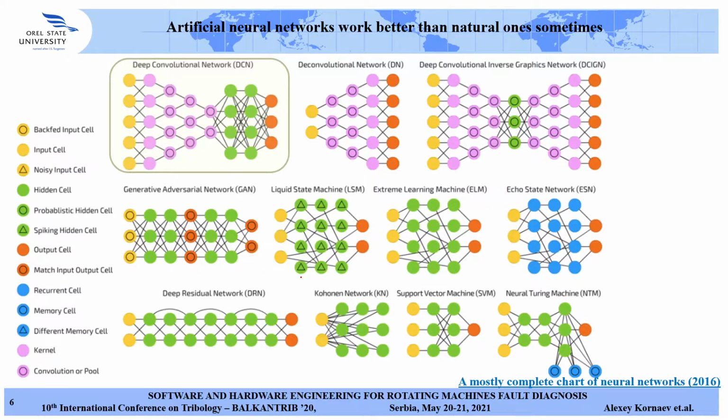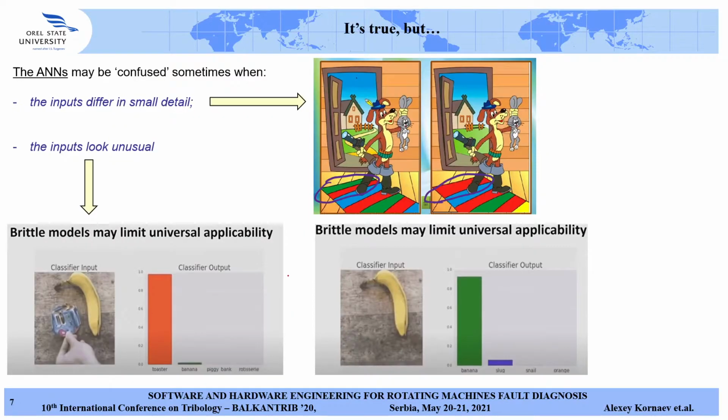We can construct any new type of network. And by the way, I should highlight that there are some problems. For example, artificial neural networks may sometimes be confused, when the inputs differ in small details, or when the network sees something new.